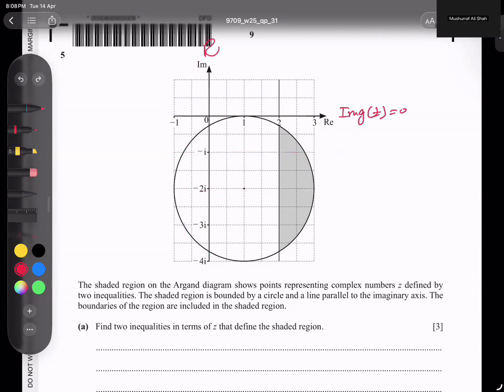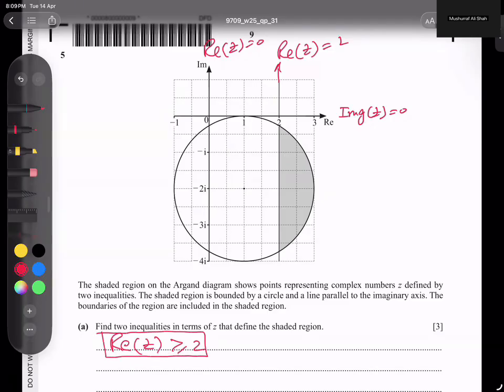It's called real of Z is equal to 0. What is this called? Real of Z equal to 1. What about this? Real of Z equal to 2. So I'm writing now here real of Z is equal to 2. But he said more, shaded is more. So first part is very clear. We got real of Z is more than or equal to 2. So one inequality we found.